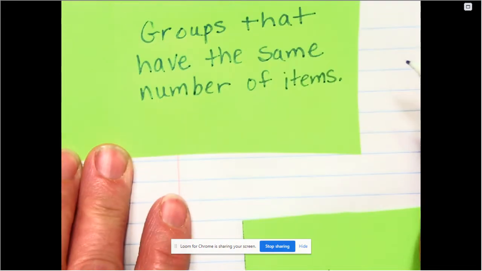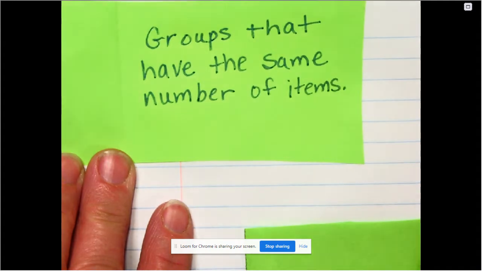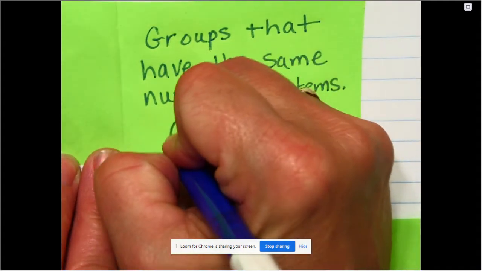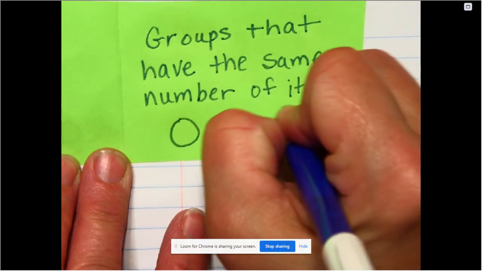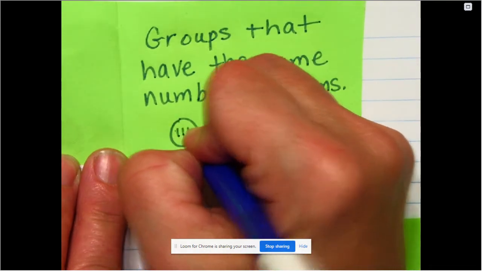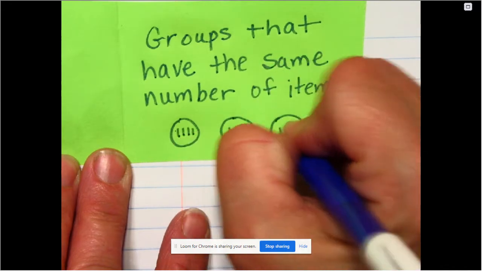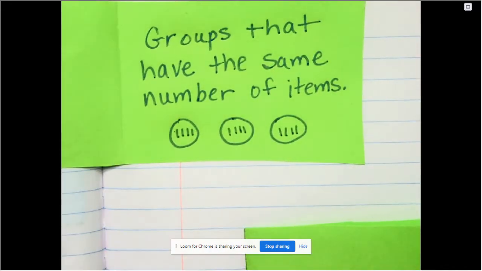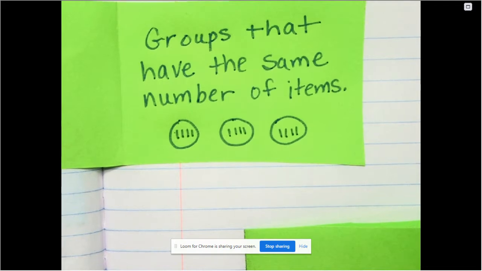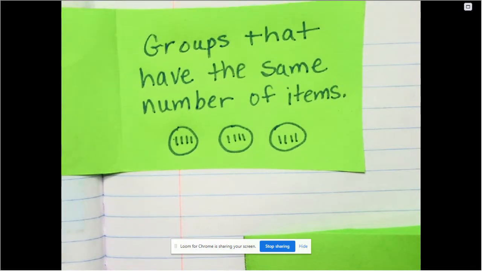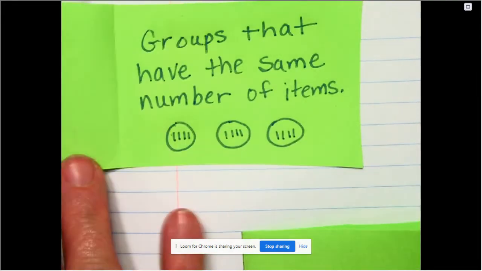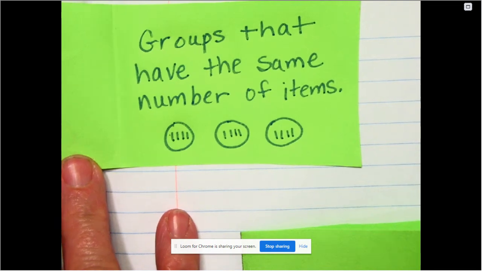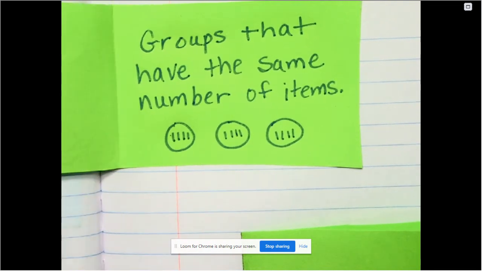Okay, groups that have the same number of items. So I have 1, 2, 3, and I have 1, 2, 3, 4. They're all equal groups. Okay, go ahead and pause that if you need to get that written down under equal groups. Groups that have the same number of items.